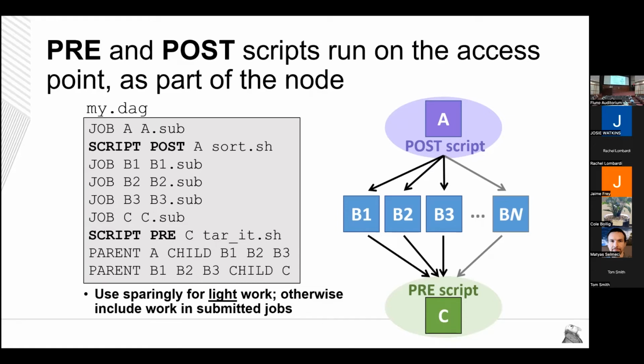So in our split example, where A is a job that's splitting files, maybe we want a POST script that has to run on the access point to sort those files into different folders for our B jobs. Or similarly, before we do C, we might want a PRE script that has to run on the access point that creates a single tarball of all of the B outputs, so that they can be processed by the C job.